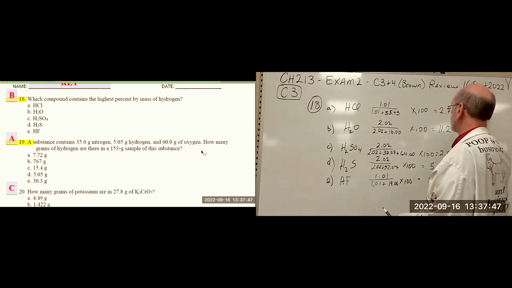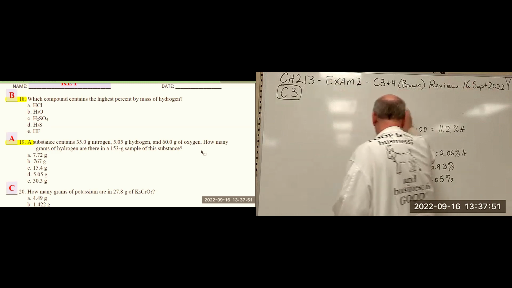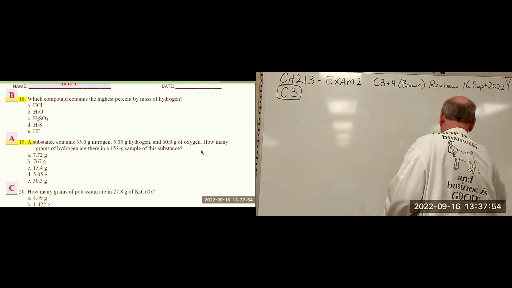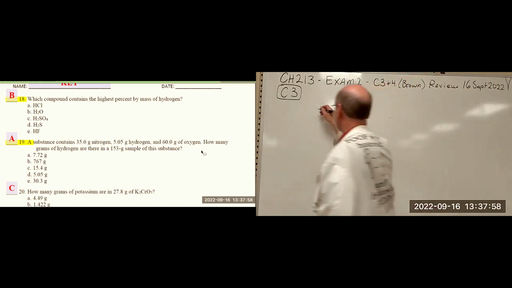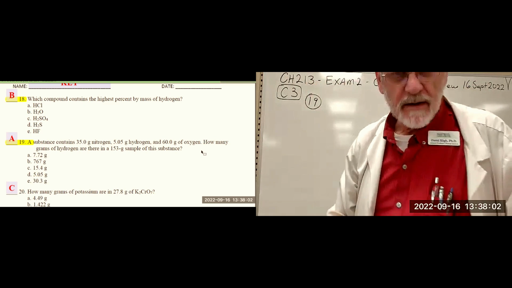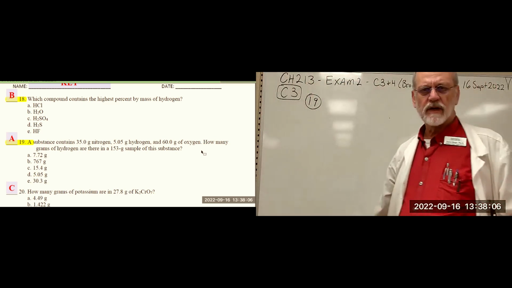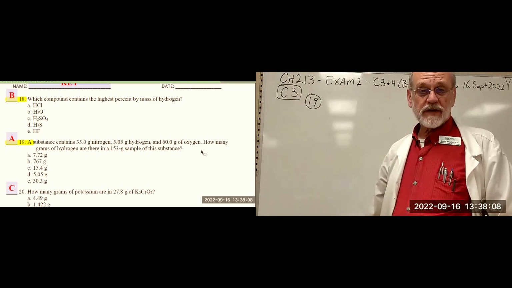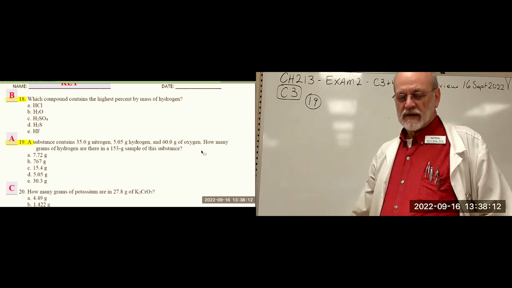Number 19. Let's see, what do we got here? A substance contains 35 grams nitrogen, 5.05 grams hydrogen, and 60 grams oxygen. How many grams of hydrogen are there in a 153 gram sample? All right.